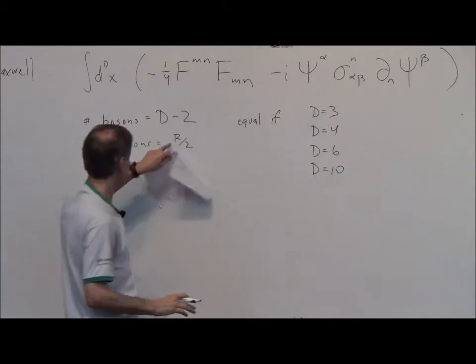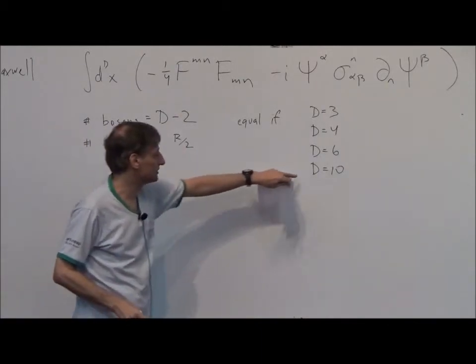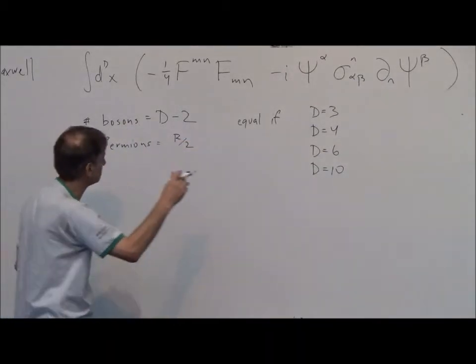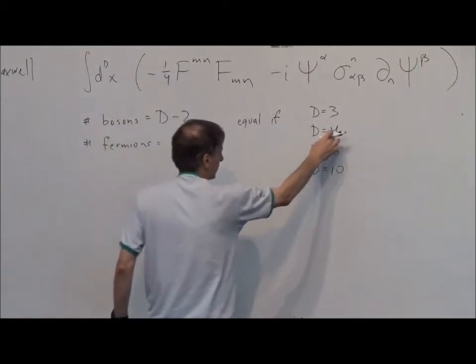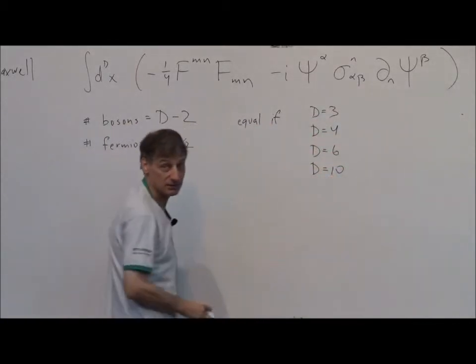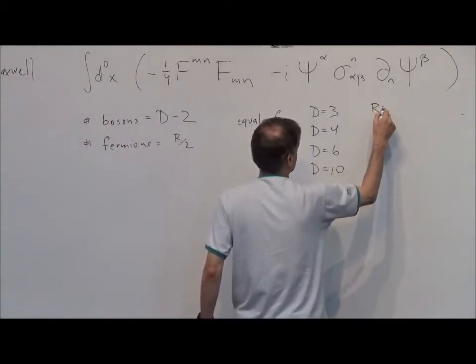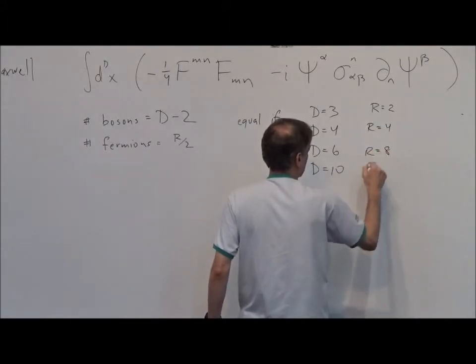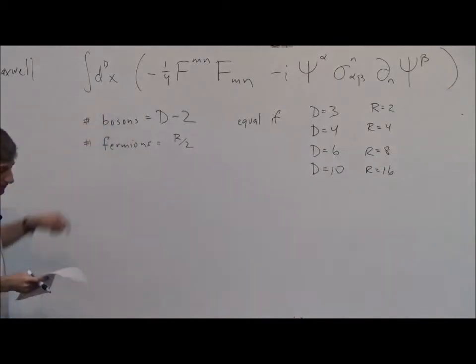Now, R goes like 2 to the d, so as you go higher than d equals 10, there's no chance of these two being equal. For d equals 3, R is equal to 2, then 4, 8, 16. So these are the dimensions in which this action is space-time supersymmetric.